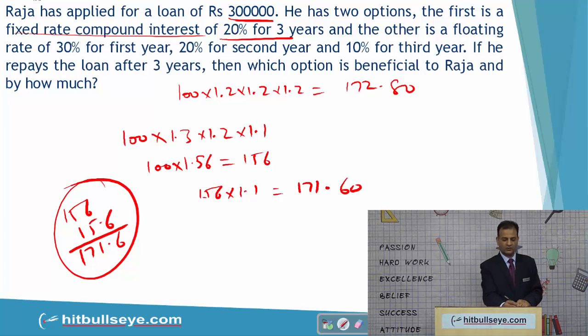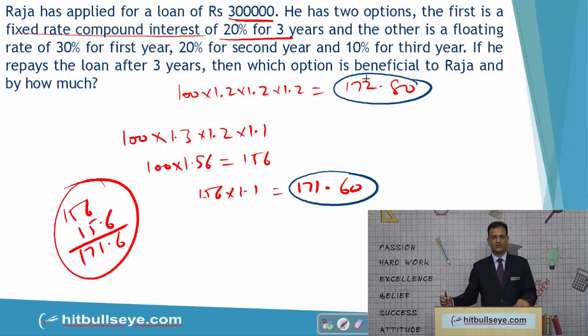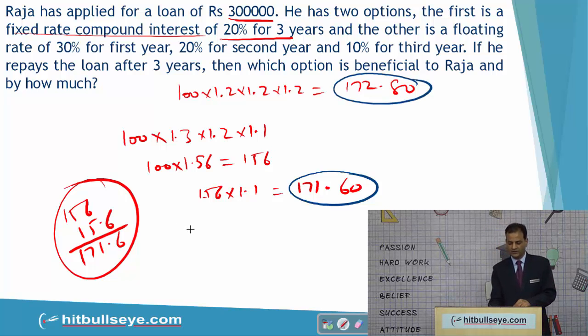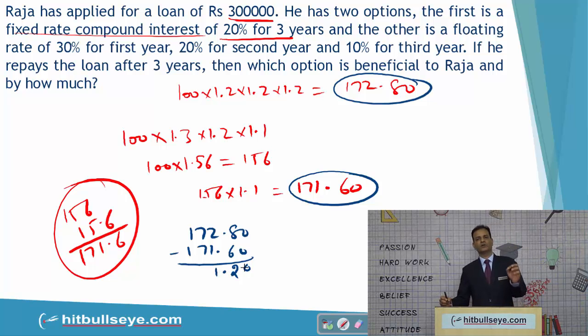In this case, he is paying 171.6. In first case, he is paying 172.80. So what is the difference, friends? 172.80 minus 171.60, it will be 1.20. 1 rupee 20 paisa he is paying less in floating rate. It is for rupees 100, friends. So what is the loan applied? 3 lakh.